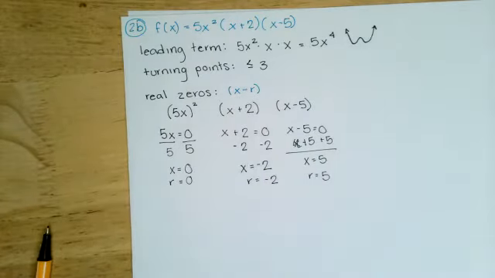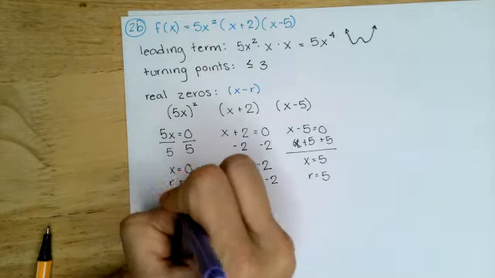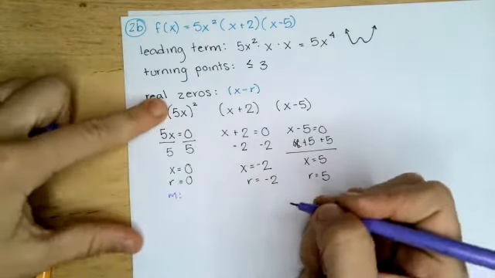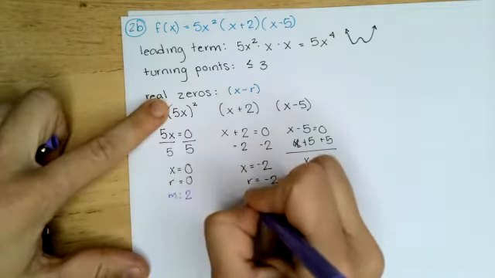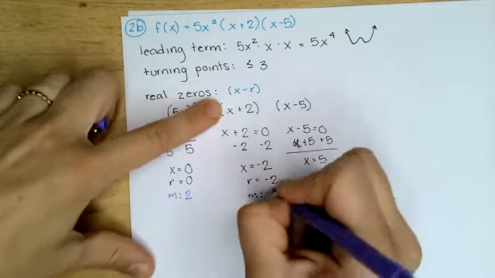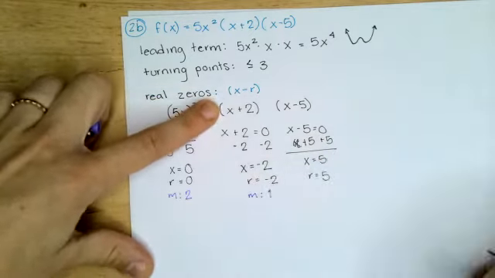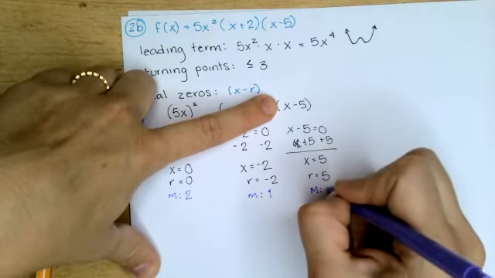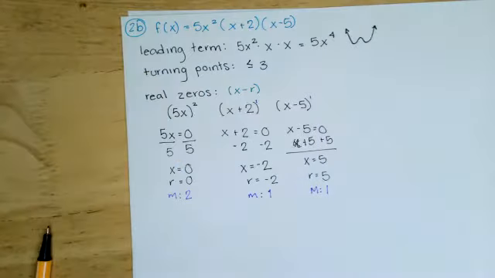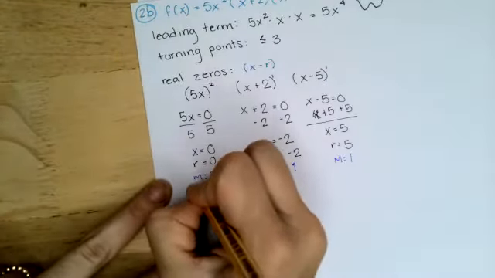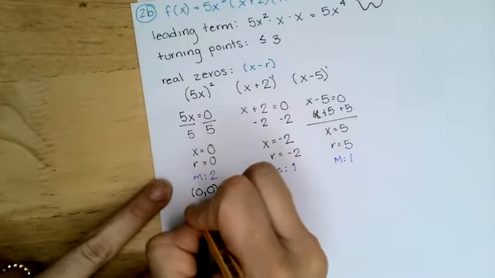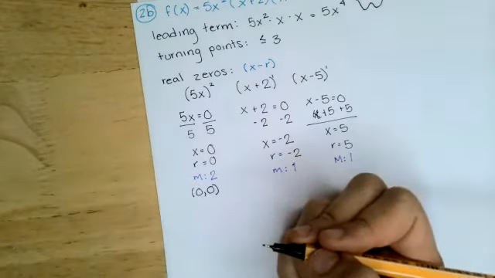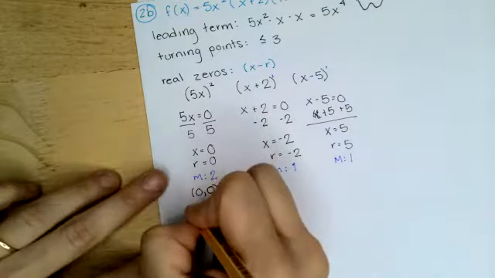What are my multiplicities of those? My multiplicity of this one, you go back and look at that exponent, my multiplicity is 2. There is no multiplicity here, so we're just going to say it's a 1. It's an understood 1. Good. So let me write these points correctly this time. This is the point 0, 0, and it's even multiplicity, so it's going to touch.